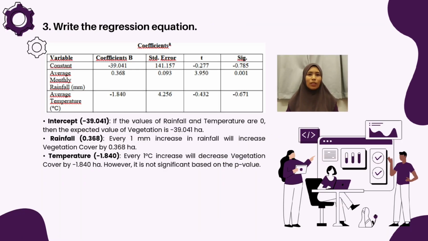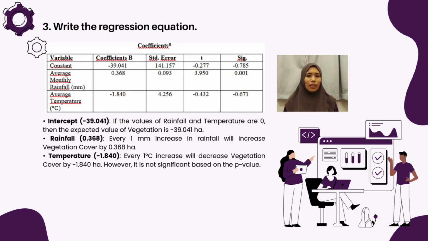Assalamualaikum warahmatullahi wabarakatuh. I want to present question number 3. Intercept, minus 39.041: if the values of rainfall and temperature are 0, then the expected value of vegetation is minus 39.041 HA. Second is rainfall, 0.368.